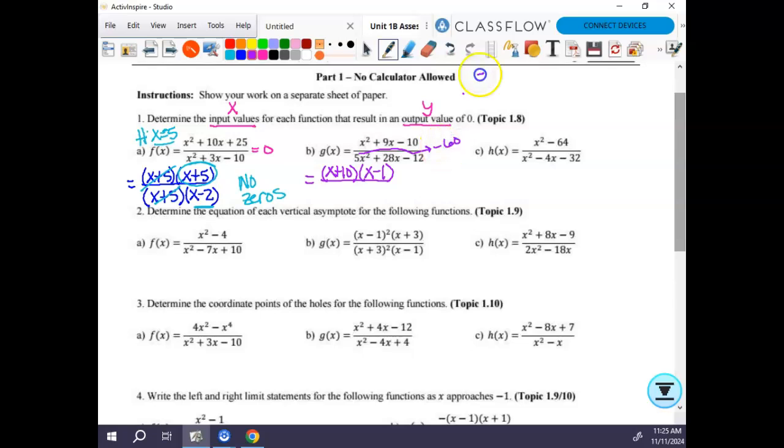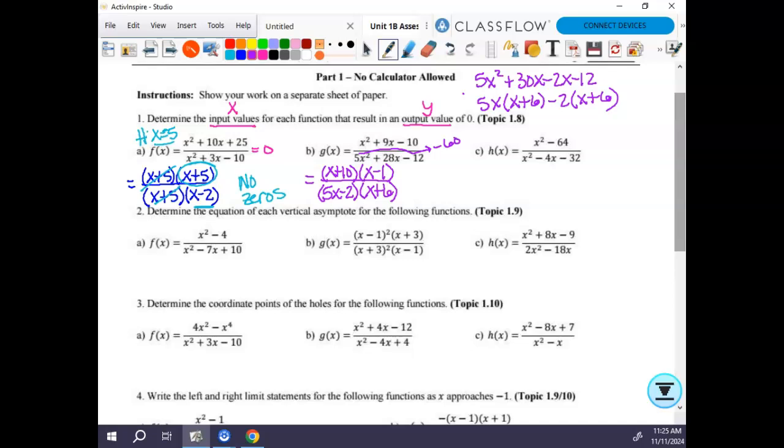So that's going to give me 5x squared plus 30x minus 2x minus 12. That's going to give me 5x times x plus 6 minus 2 times x plus 6. So when I completely factor that, I'm going to get 5x minus 2 and x plus 6.